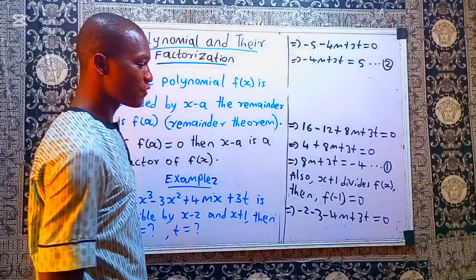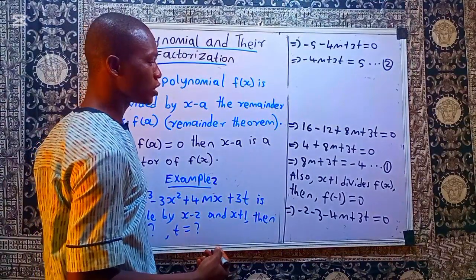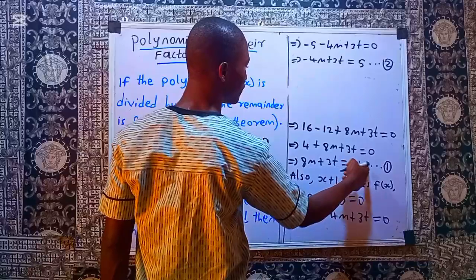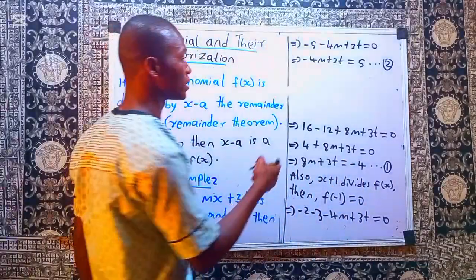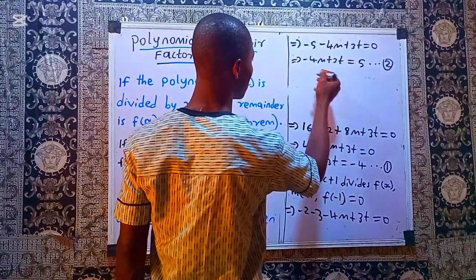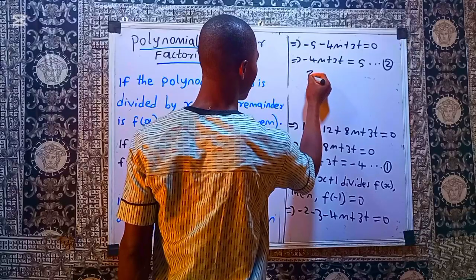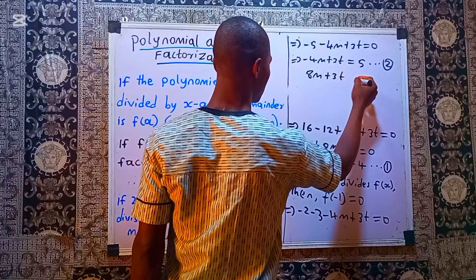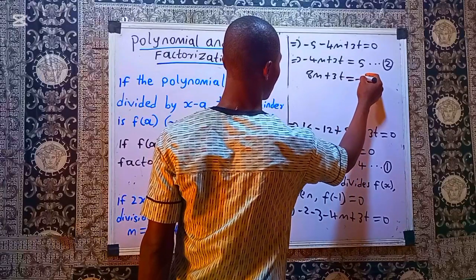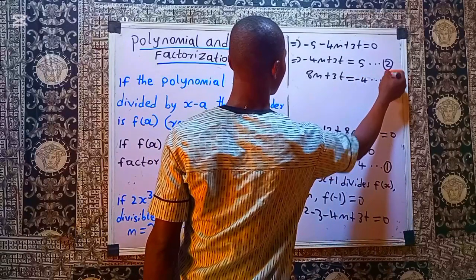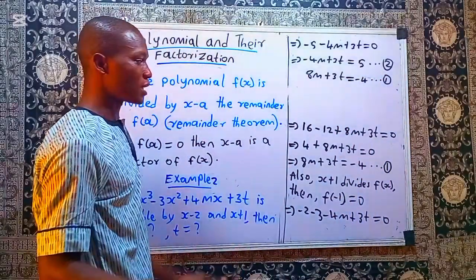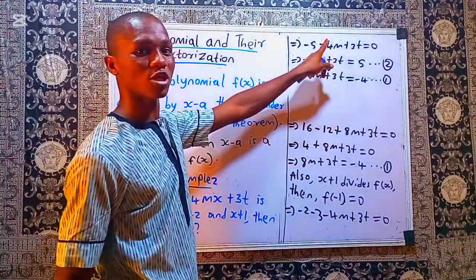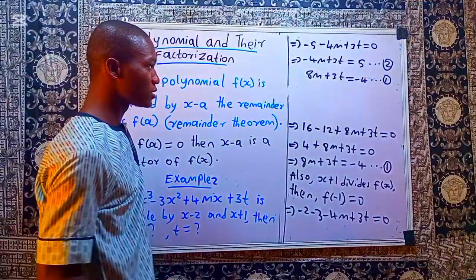So we are going to solve equation 1 and equation 2 simultaneously. Let's write our equation 1. We have 8m plus 3t equals minus 4, which is our equation 1. I've written it here so that we can solve these two equations simultaneously.